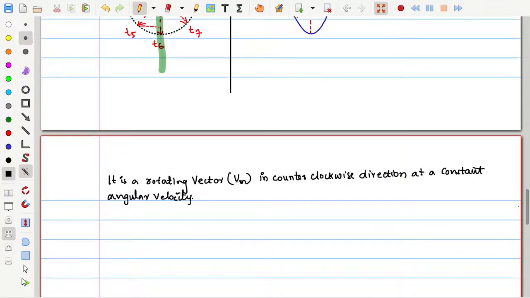So this is the basic definition of the phasor. The phasor definition is that it is a rotating vector in the counterclockwise direction at an angular velocity omega.